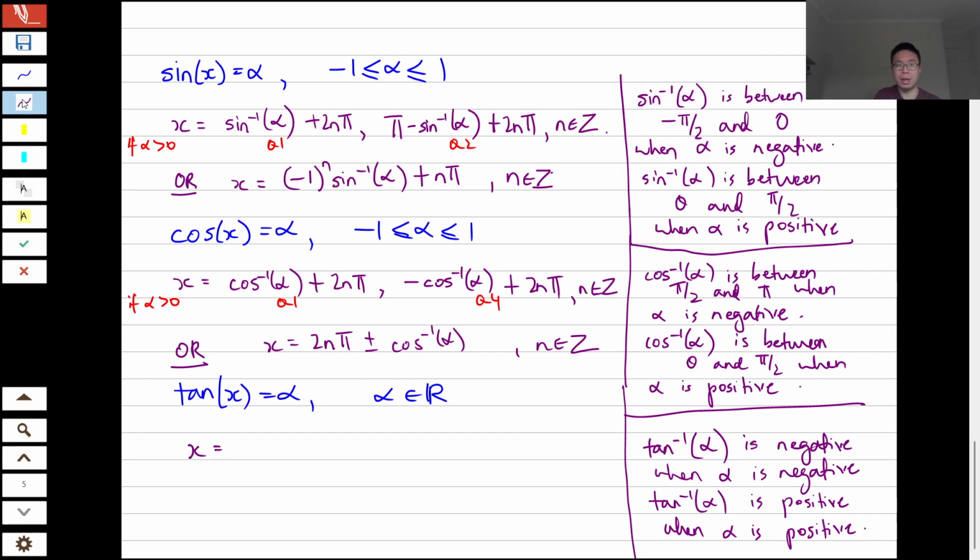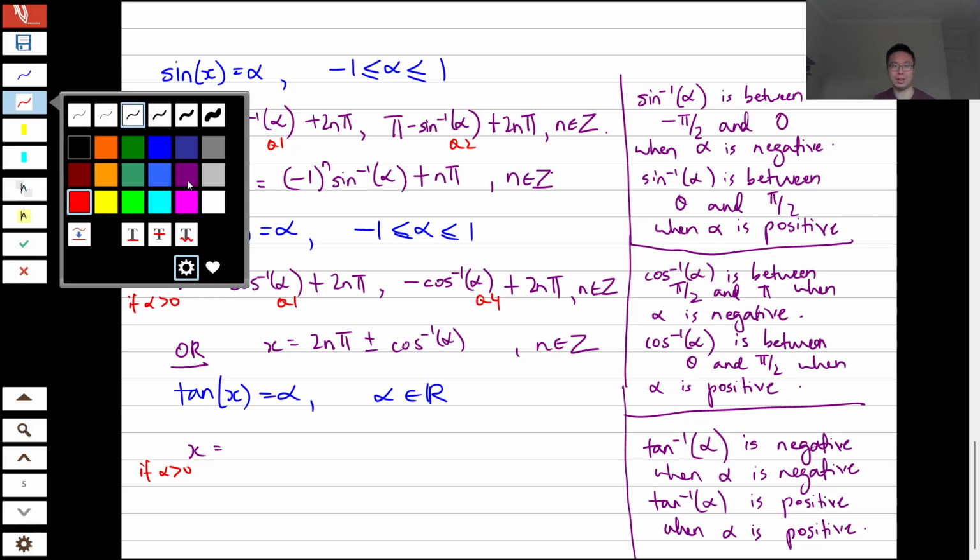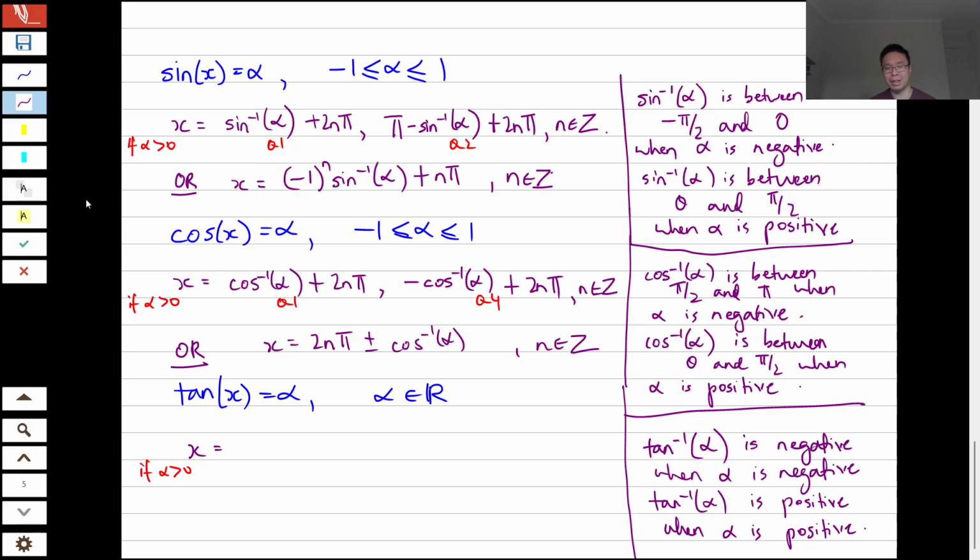So again, I'll start by assuming that alpha is positive. The formulas in all three cases, sine, cos, and tan, will continue to work. If it's not positive, you'll just need to adjust your quadrants and just convince yourself that it works. But if you're happy to take it at face value, you can just use these formulas.